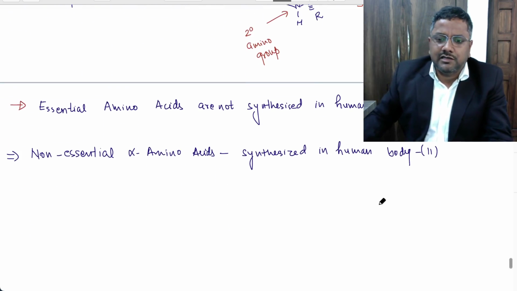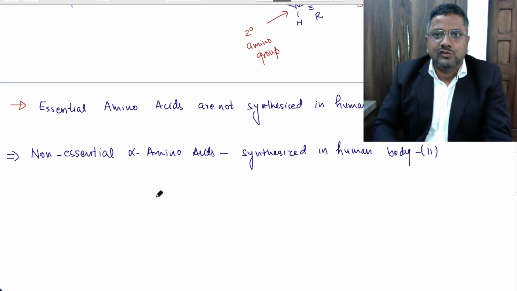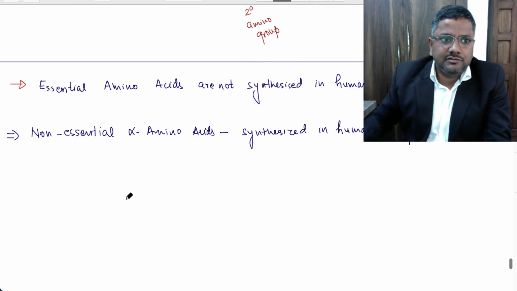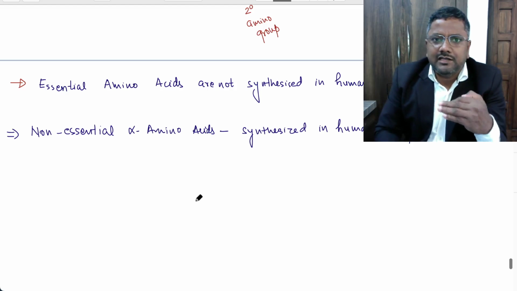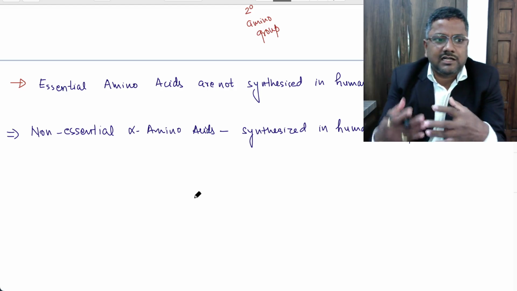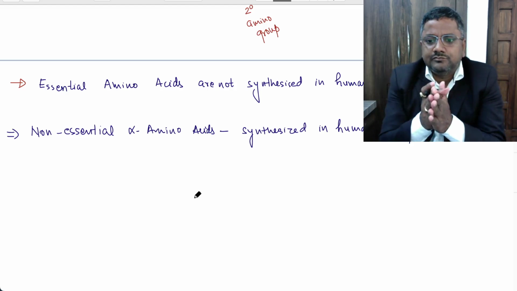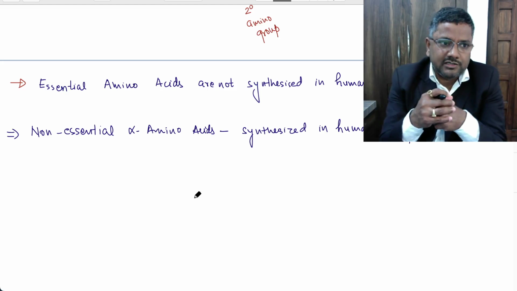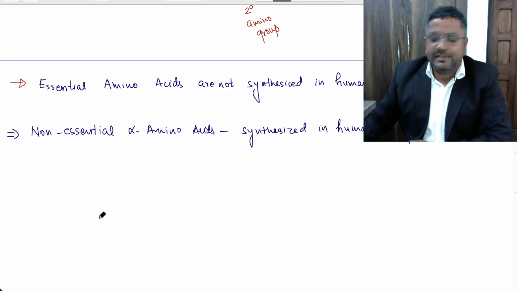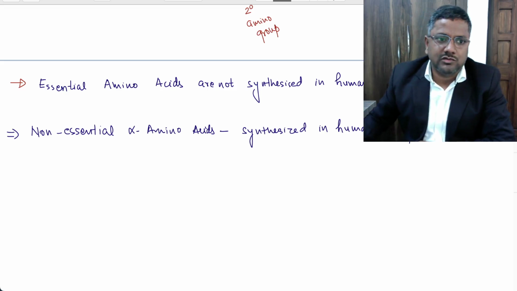Now see the chemical classification. Chemically, amino acids are classified as acidic amino acids, basic amino acids, and neutral amino acids, right? So acidic, basic, and neutral.